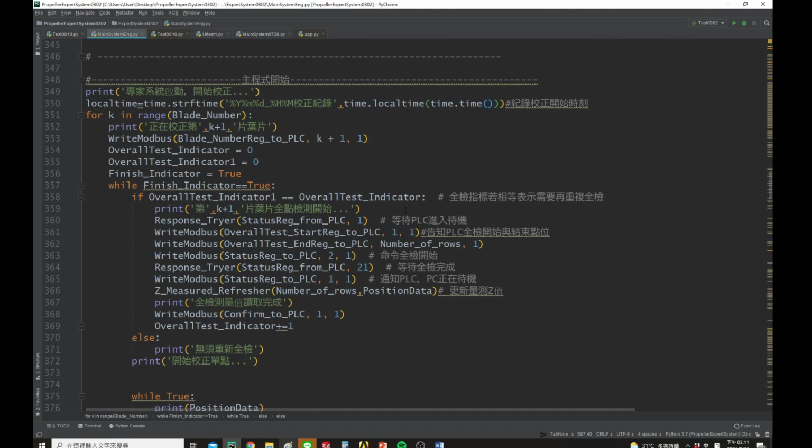Then we assume that every point is under 0.2, and it does the overall test again. If every point indeed is under 0.2, this finish indicator will become false, and then we escape this loop.